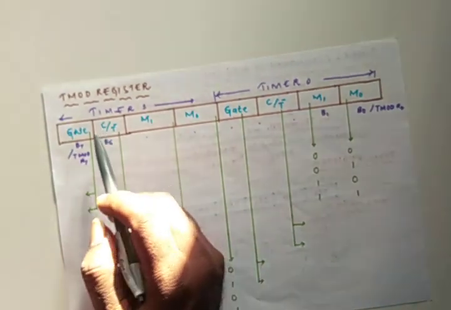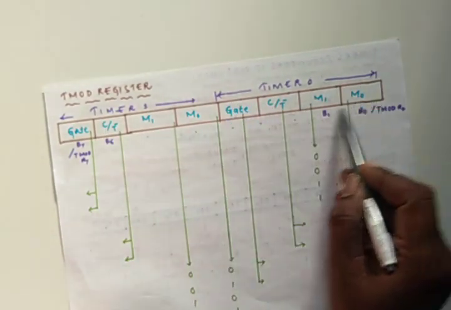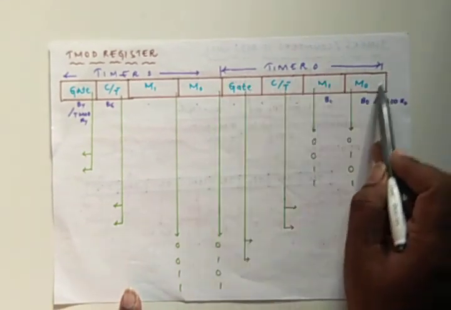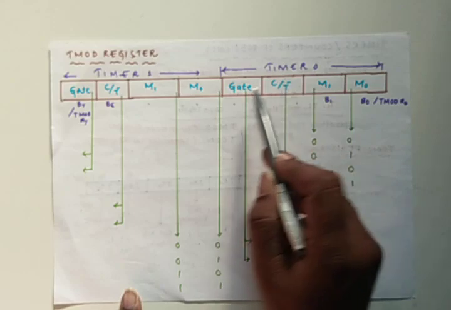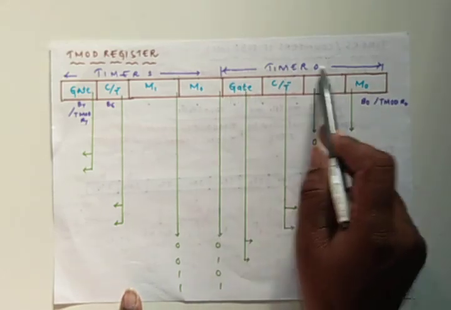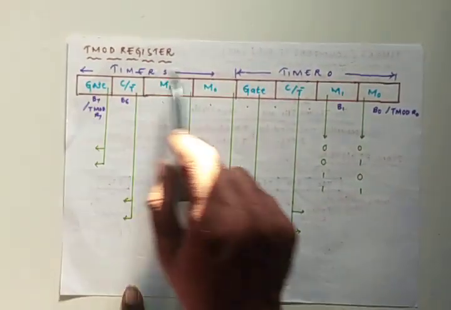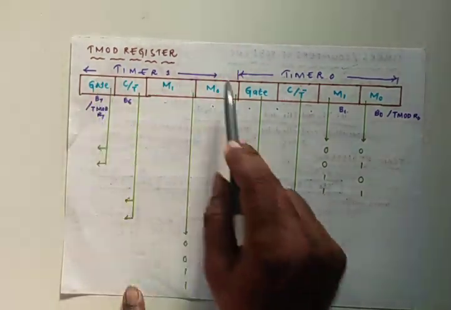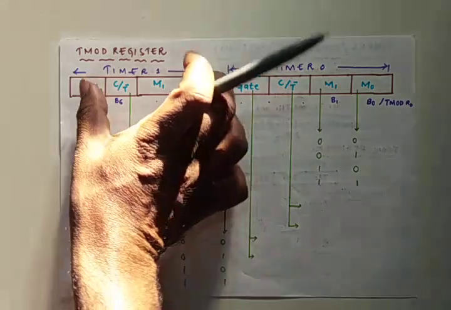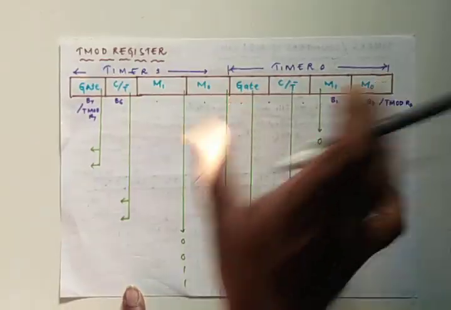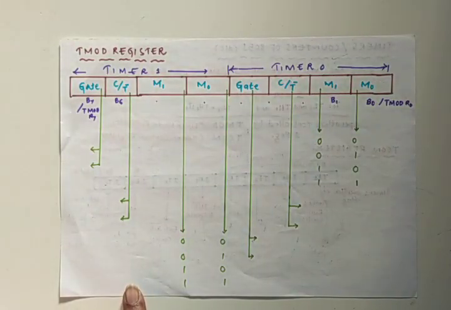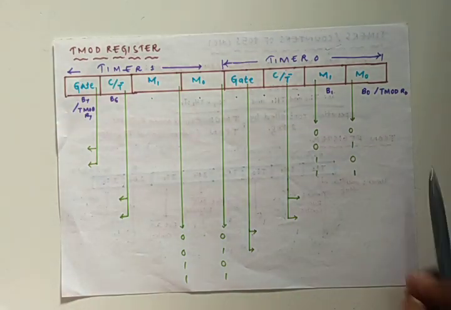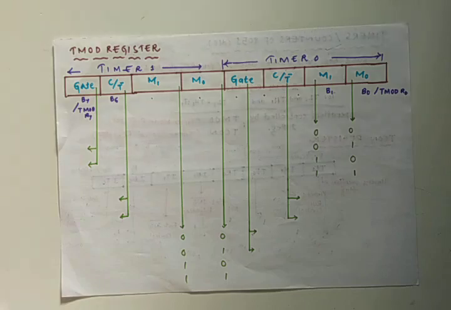That means the lower nibble is going to control the functions and the modes of timer 0, and the higher nibble is going to control the functions and the modes of timer 1. This is for timer 1 and this is for timer 0. We know that the 8051 has two timers. Then I am going with the first one.